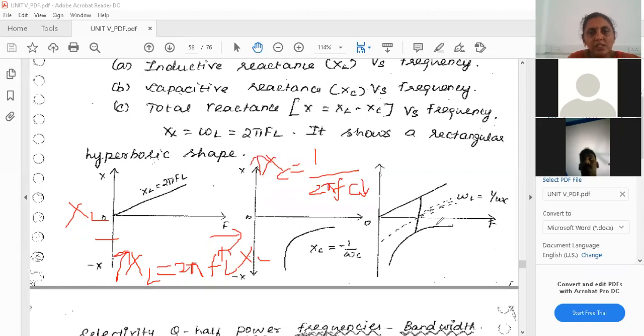So this is going to be inversely proportional, which means the curve will be like this, a hyperbola, you can tell. Now, when both effects are equal, XL is equal to XC, then the total reactance, XL minus XC, you will be getting a reactance curve like this.